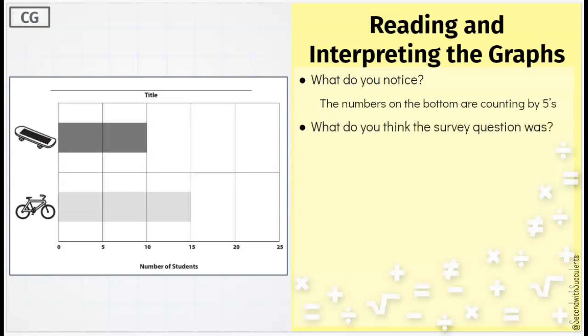what we think the survey question was for this graph. Remember, when we have a graph, we're collecting data. Data is information. To get information or data, we usually ask a question to figure out what we want to know. What question are we asking for this graph?